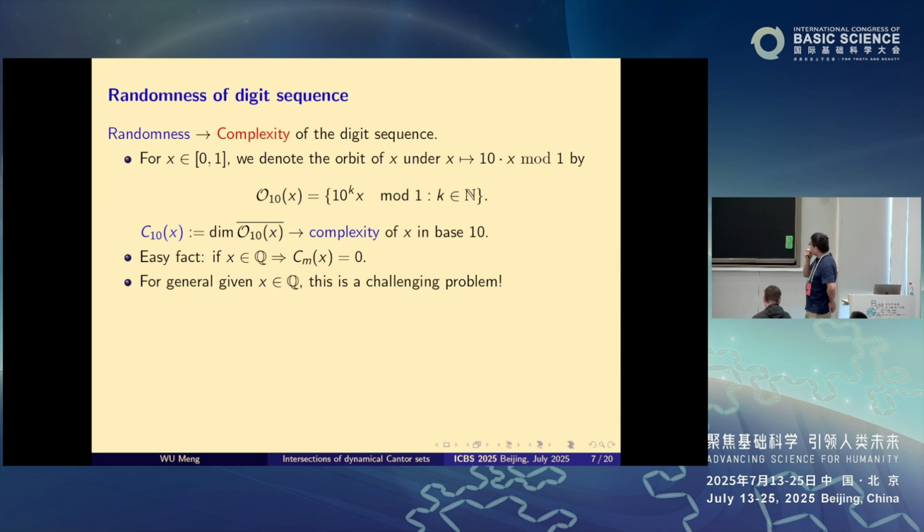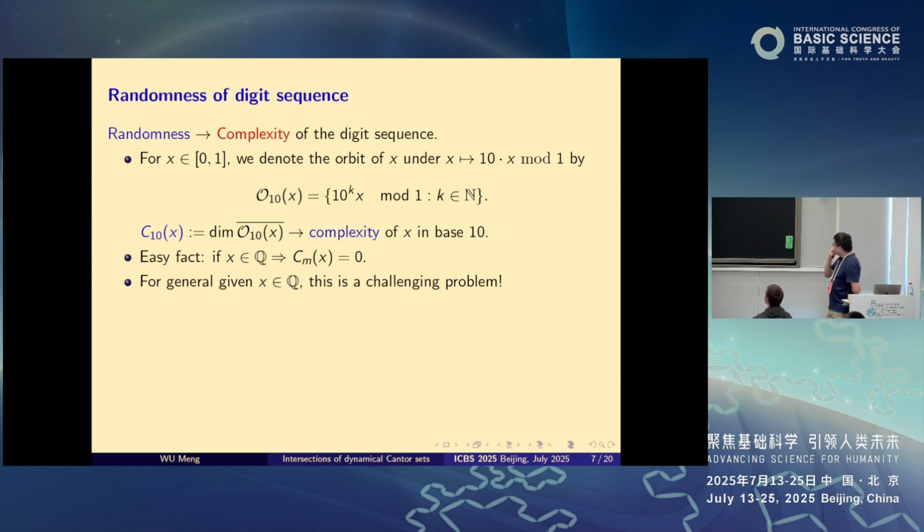So this is the complexity of a number in base p, for example. So this is some fact: if x is a rational number, then since the orbit will be finite, the problem is trivial, so the complexity is 0.